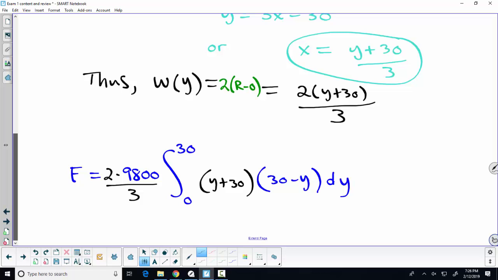Okay, so there's our height. Sorry, there's our height, 30 minus y. 2/3 y plus 30, that's the width function, and this is density times gravity. Okay. Questions on that?